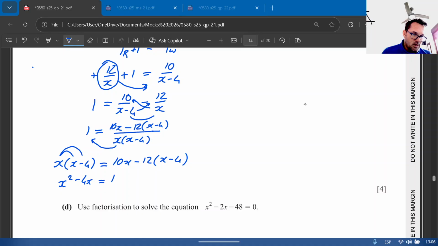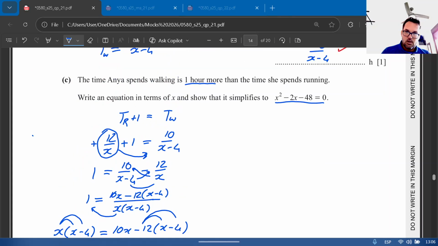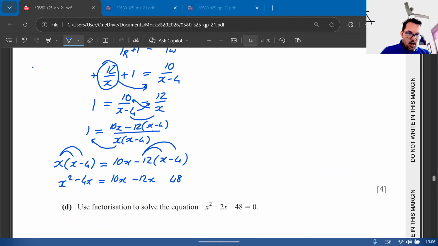Expanding the brackets, 10X needs to hang around a little bit longer. Minus 12 times X is minus 12X. And 12 times 4 is 48. Look, there's a 48. And a minus and a minus makes a plus. Let's simplify that a little bit more. X squared minus 4X equals 10X minus 12X will give us minus 2X.